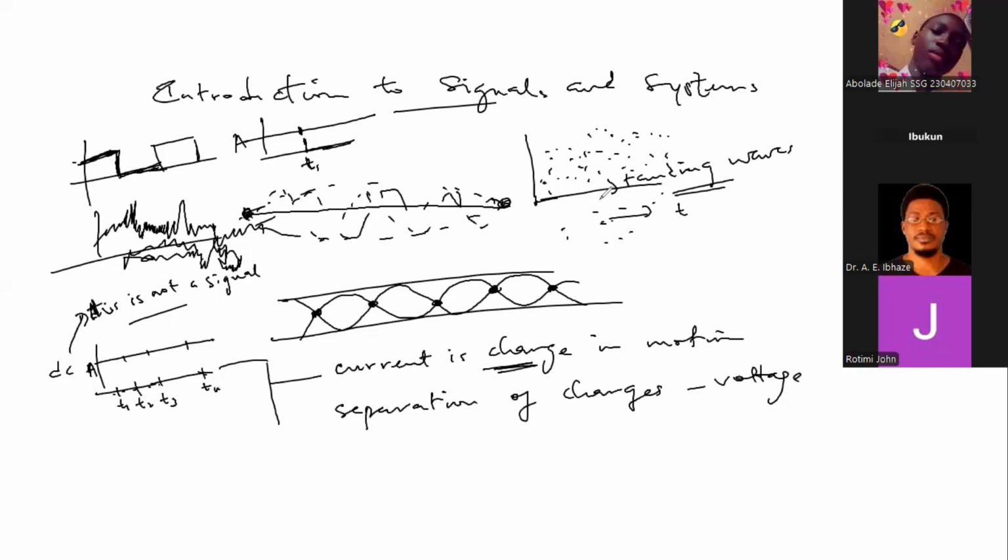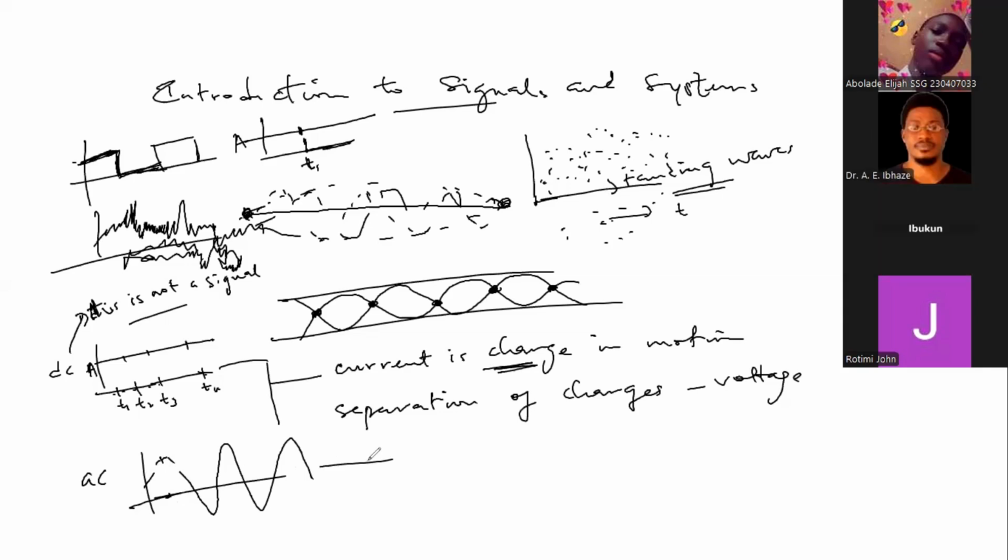So it means that one parameter must depend absolutely on another parameter. That is why the alternating current, which is also in motion, is a signal because the value is changing with respect to time. Does that make sense?